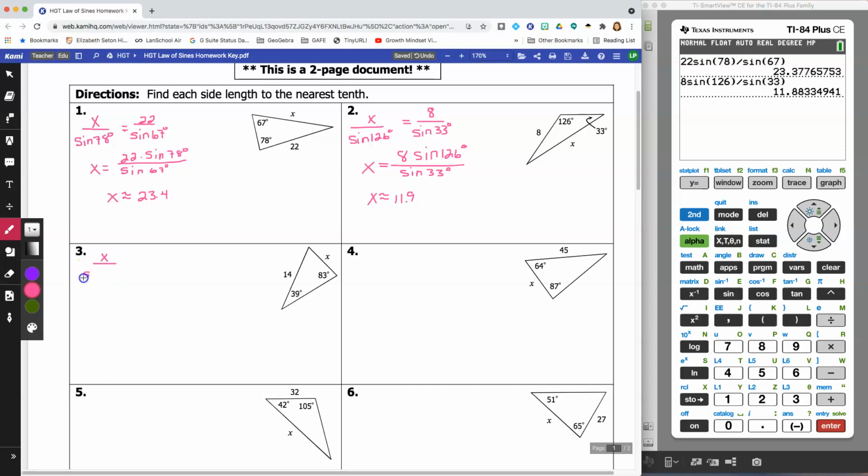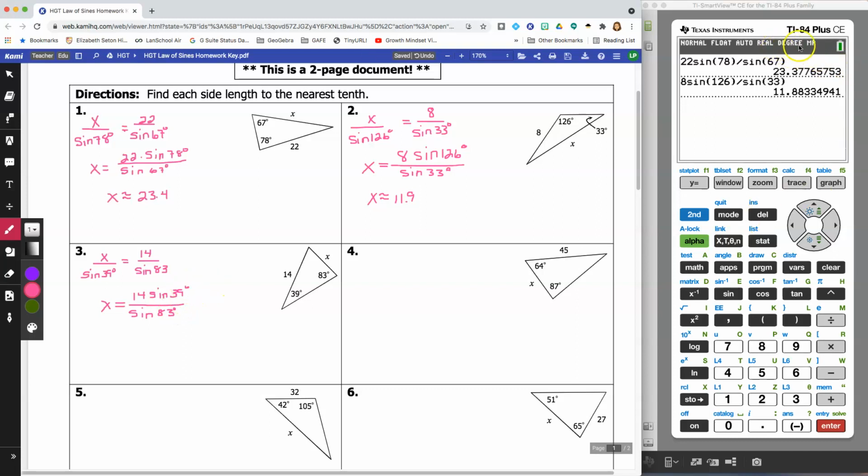So x over the sine of 39 degrees is equal to 14 over the sine of 83 degrees. So x equals 14 times the sine of 39 degrees divided by the sine of 83 degrees.